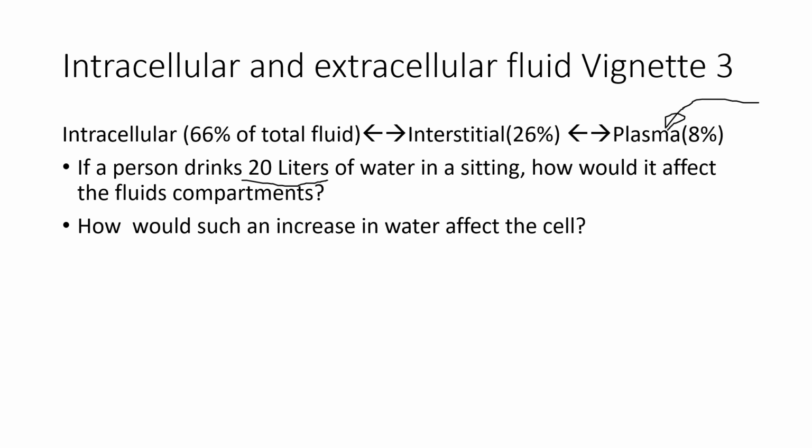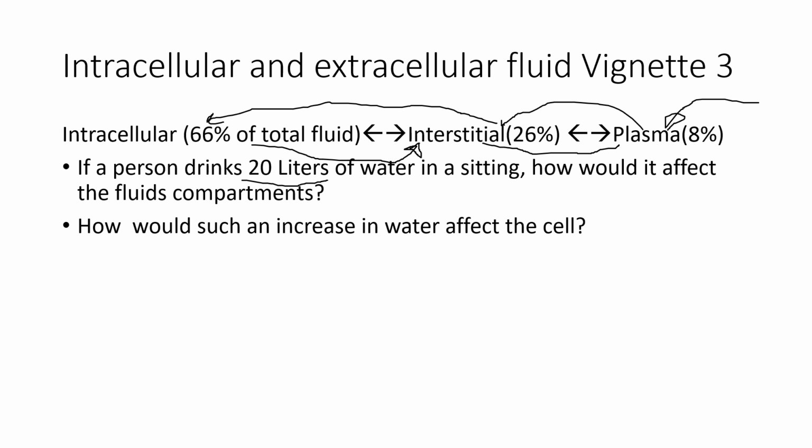That fluid is going to rush into the interstitium, and it's going to pull the electrolytes from the interstitium to the plasma. It's also going to do the same thing to the intracellular fluid, and in the intracellular fluid, your electrolytes, your solutes will actually go into the interstitium.